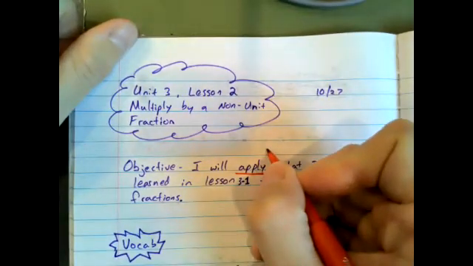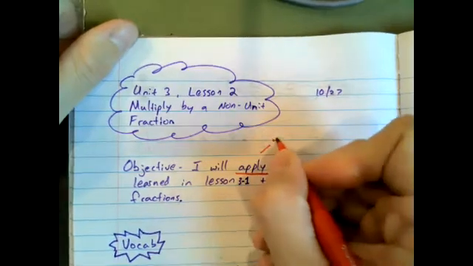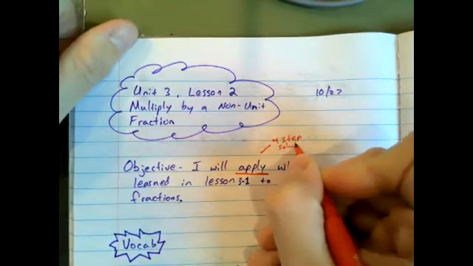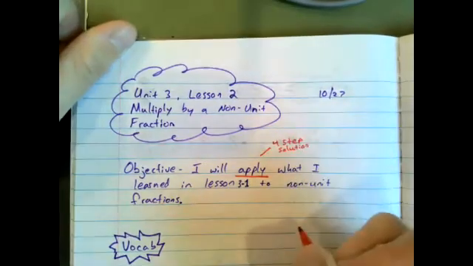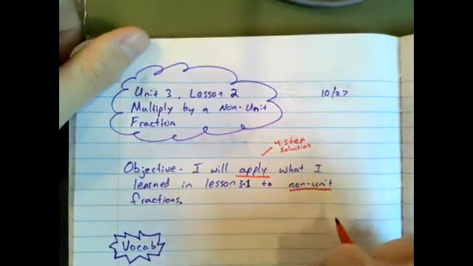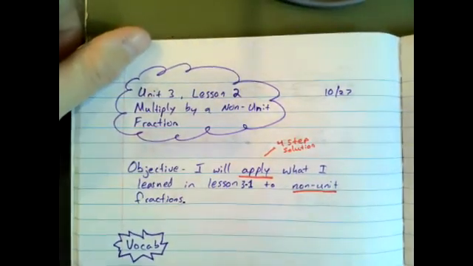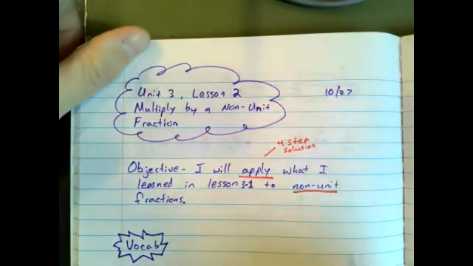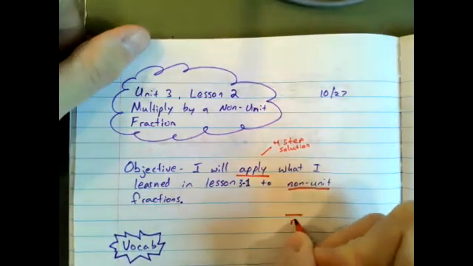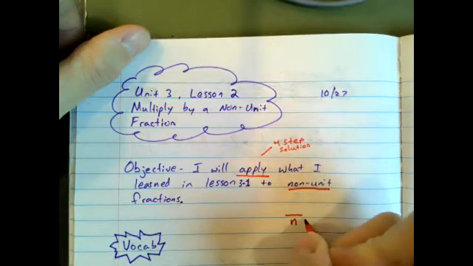And in the last lesson, we came up with a 4-step solution. So we're going to use that 4-step solution for non-unit fractions. And a unit fraction had a numerator of 1. A non-unit fraction will have a denominator of n.